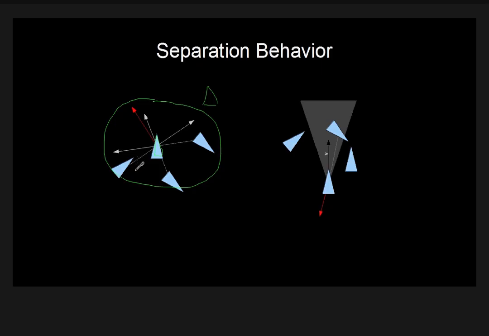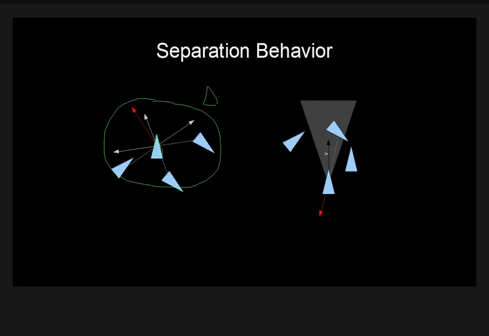But this is not really efficient because we have to do this for every point in space, and if we have a lot of points, let's think billion points, we have to do this a billion times for each agent, and this is really not efficient. So we have to do this another way.